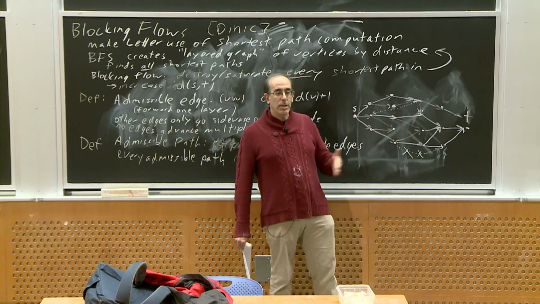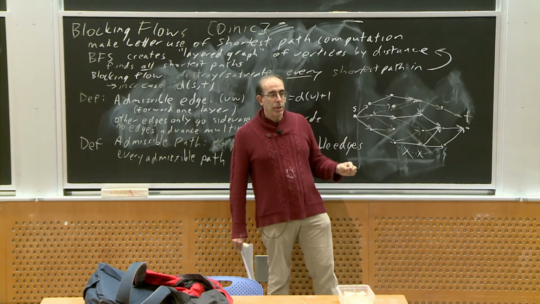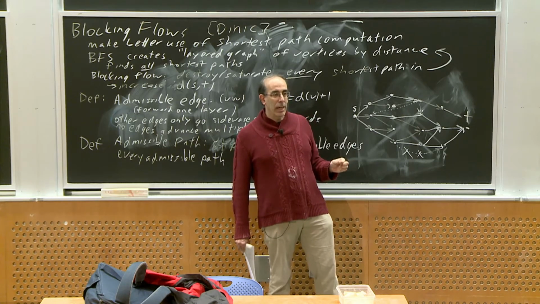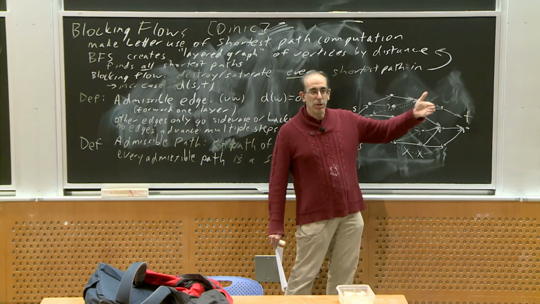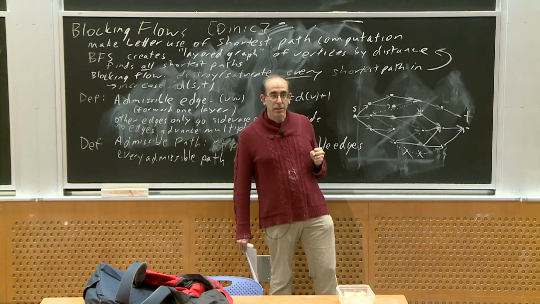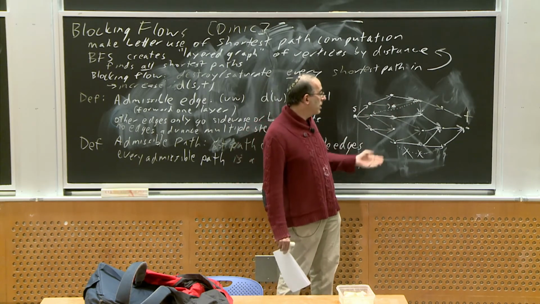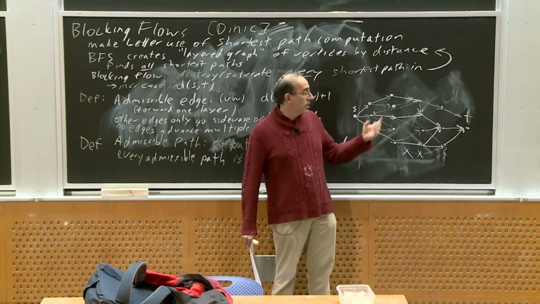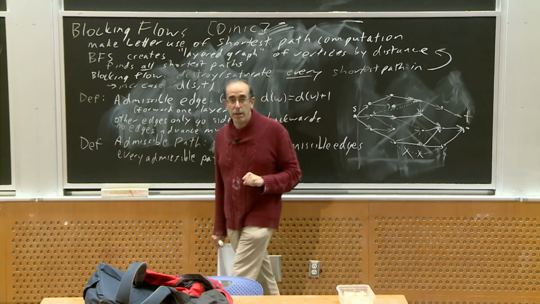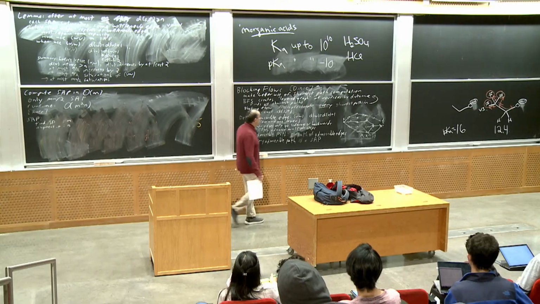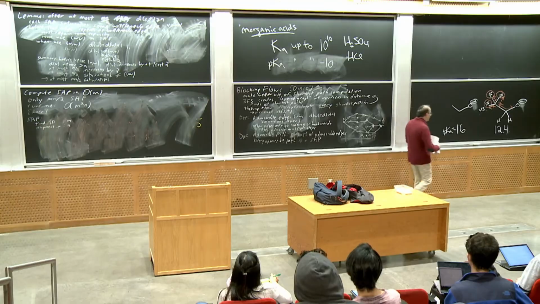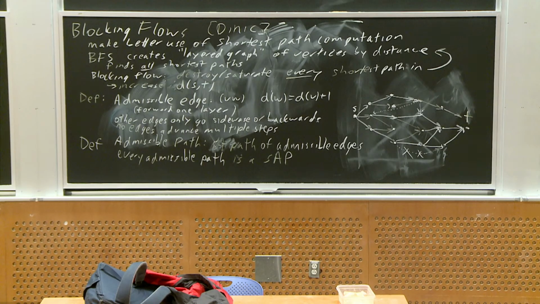So if you use a non-admissible edge, you're using one step that does not take you closer to the sink, and you never get it back, right? You can't make it up by using an edge that traverses multiple layers later because those edges don't exist. So any path that traverses a non-admissible edge is not a shortest path. Okay? All right, so this is our admissible graph, which is a sort of a direct representation of all the shortest paths in the graph.